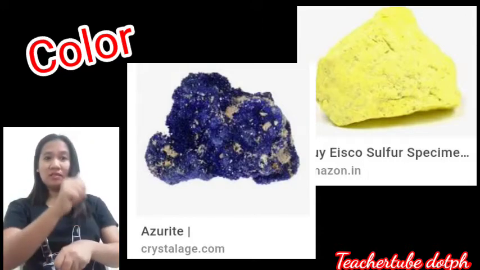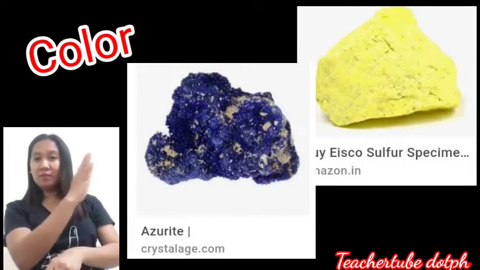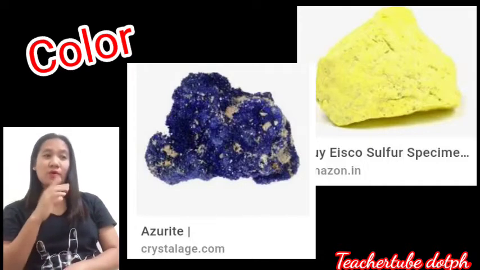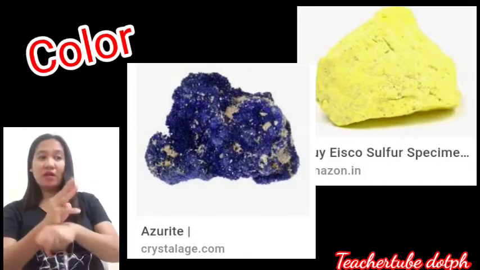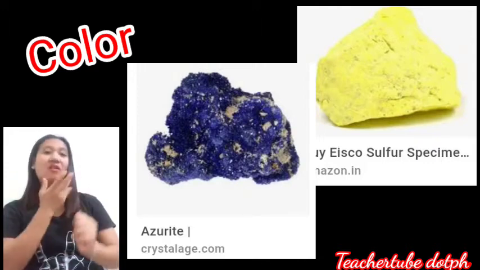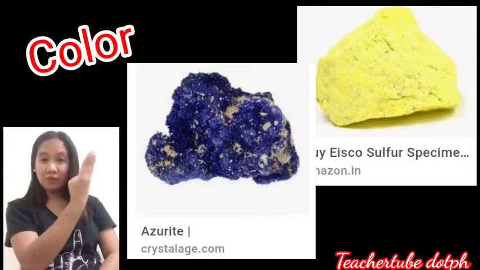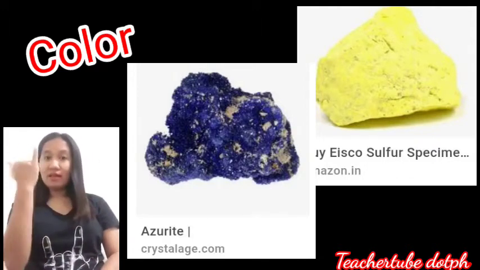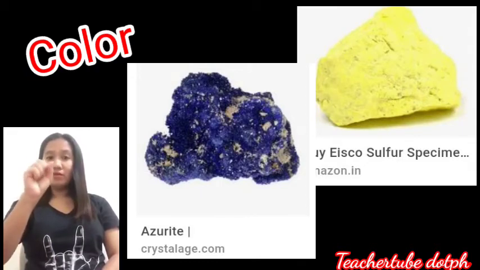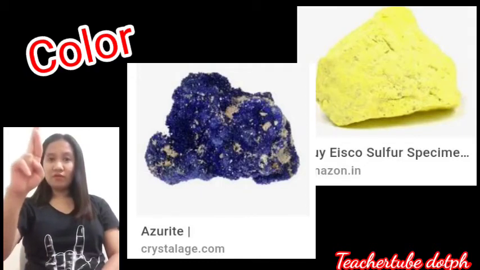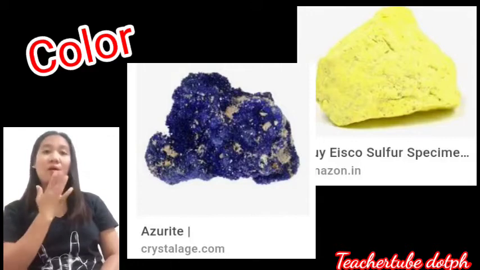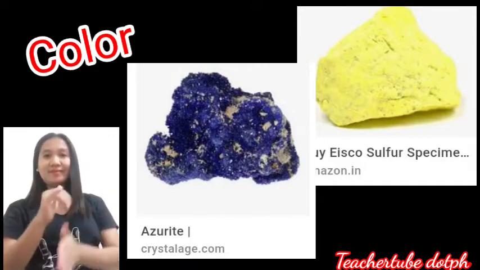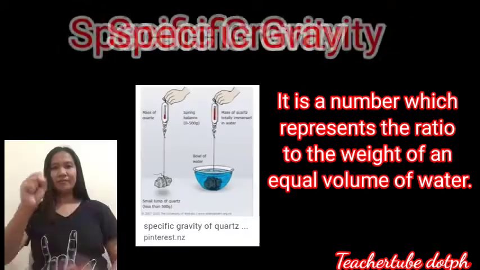Now, there are two minerals here. One is azurite, the deep blue mineral. It's okay for this type of mineral because it will not change its color. It's always deep blue. The other one is sulfur. It's always yellow in color. That's about it for color.